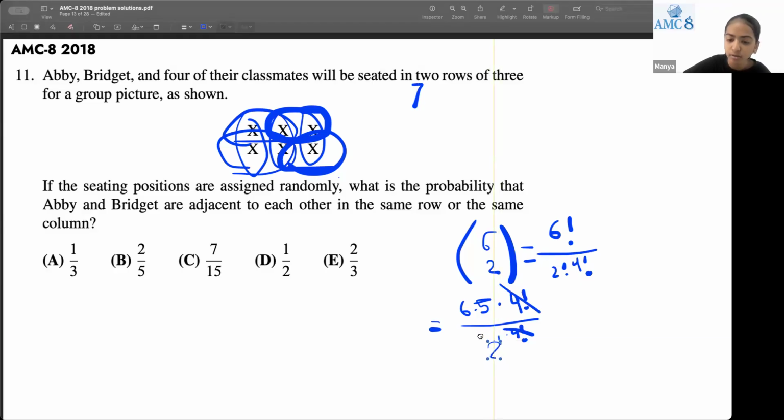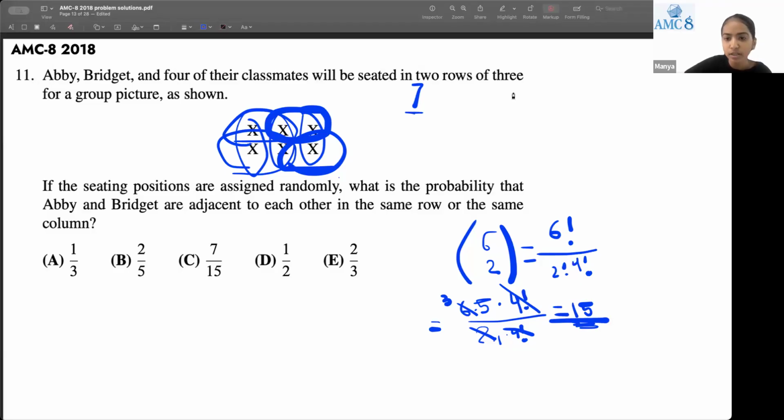And then the 2 and the 6 will be canceled out to 3. And so 6 choose 2 will be equal to 15. And this is the total number of possibilities that they can be sitting like that. And this is the possibilities that they will be sitting next to each other.